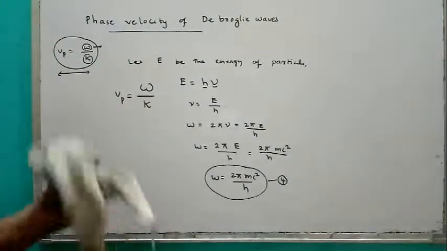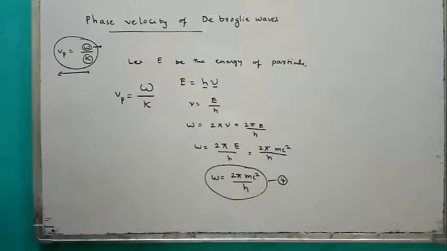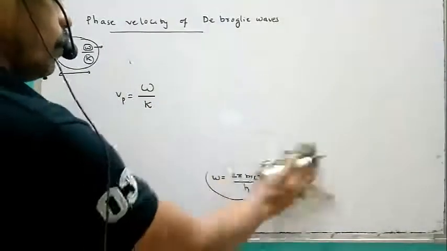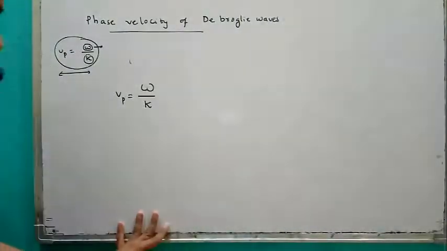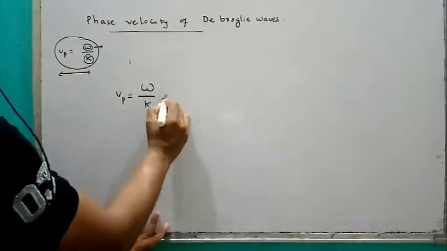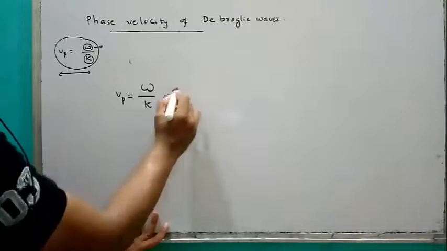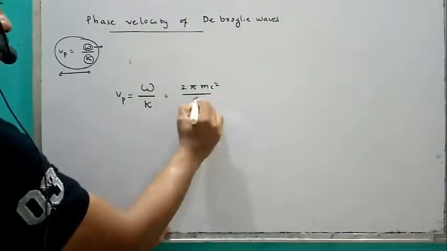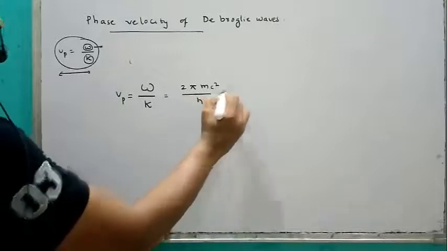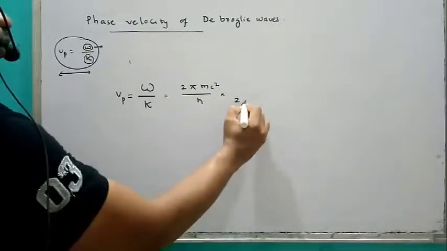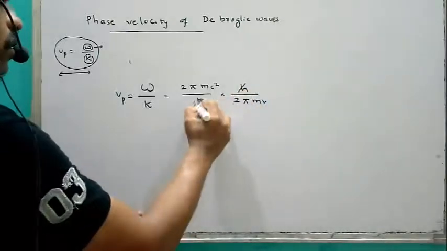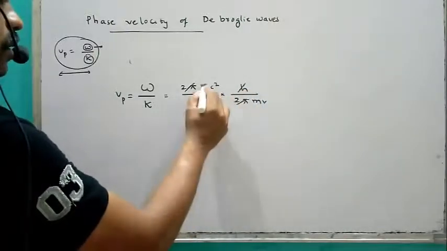Now omega equals 2 pi mc square by h. k equals 2 pi mv by h. 2 pi gets cancelled.